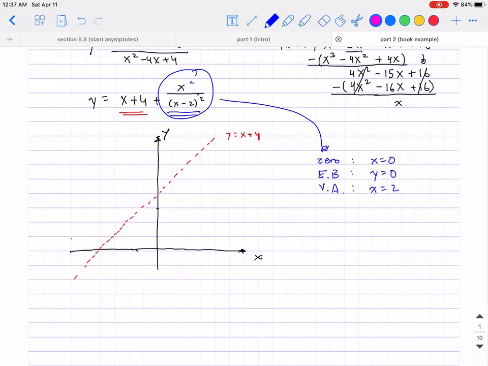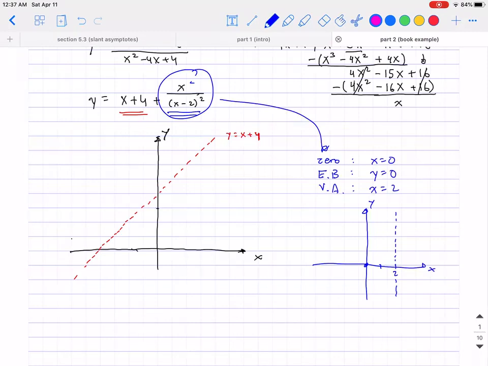If I were to graph this on the side, this is basically what it looks like. I'm not using the axes, so you have to excuse me. Here's x, and here's y, with a zero at x equals 0 located over here. The vertical asymptote at x equals 2 is somewhere over here, and the end behavior is y equals 0.